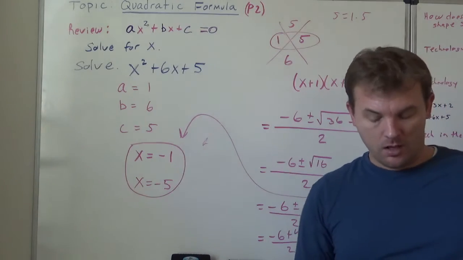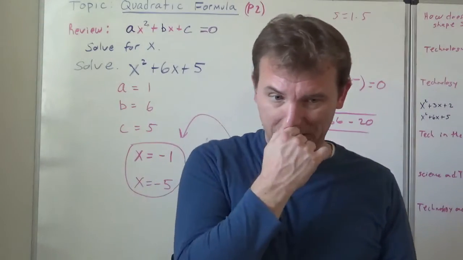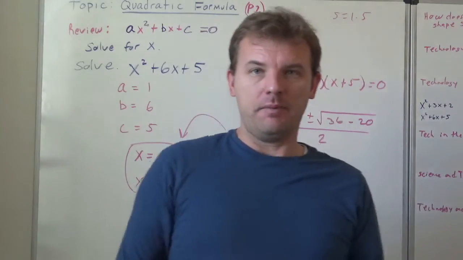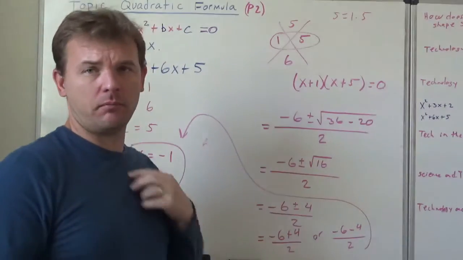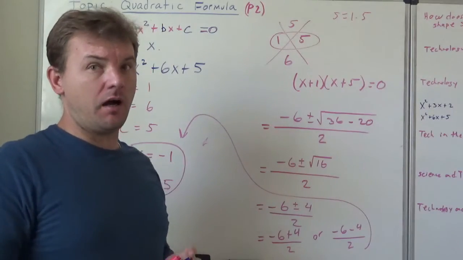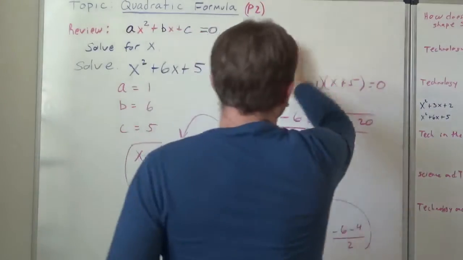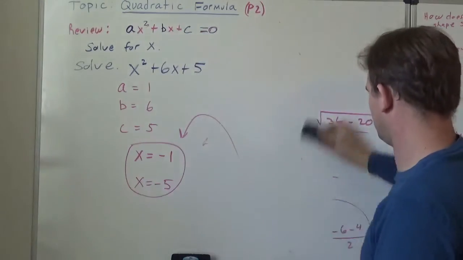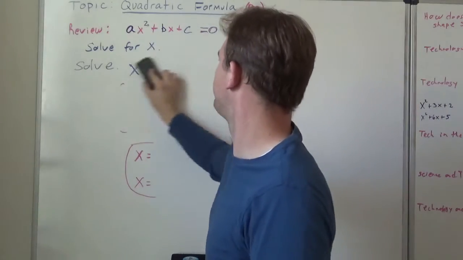Cool. Now, I didn't give you one that's not factorable, and I kind of don't want to give you one yet, because it gets really long. And plus, you run into a problem with decimals when things don't work out. I want to leave you with this.